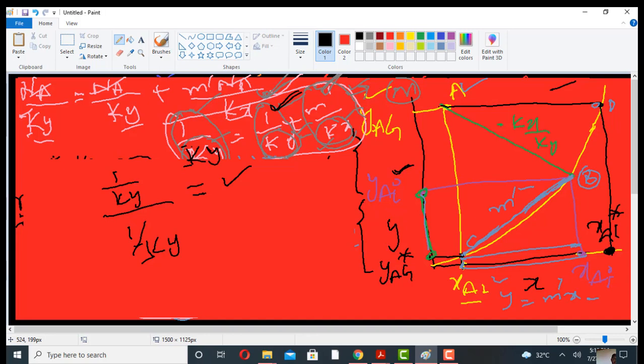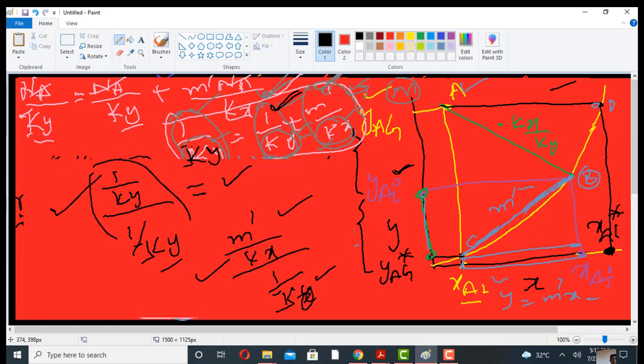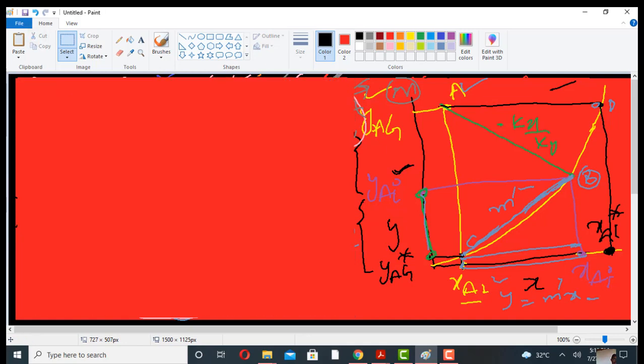Similarly, the fraction of resistance provided by the liquid phase will be equal to m dash divided by Kx divided by the overall resistance. So this is the fraction of resistance provided by the liquid phase, the fraction of resistance provided by the gas phase. Similarly, we can also obtain another equation which relates the overall liquid phase mass transfer coefficient to the liquid and gas phase mass transfer coefficients.